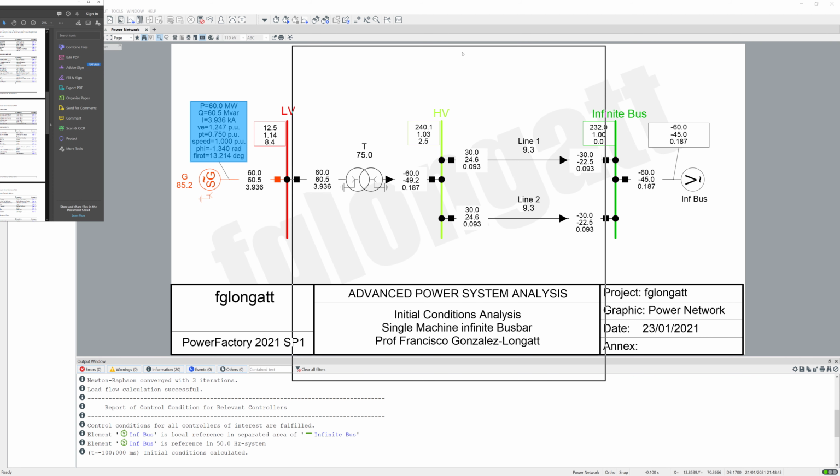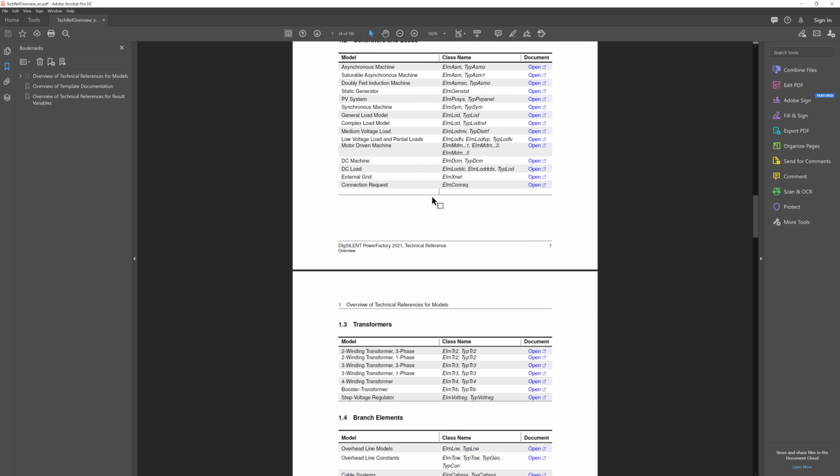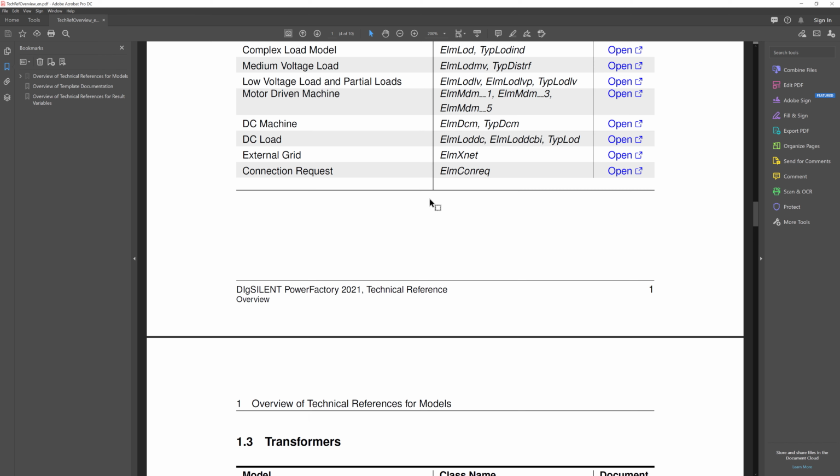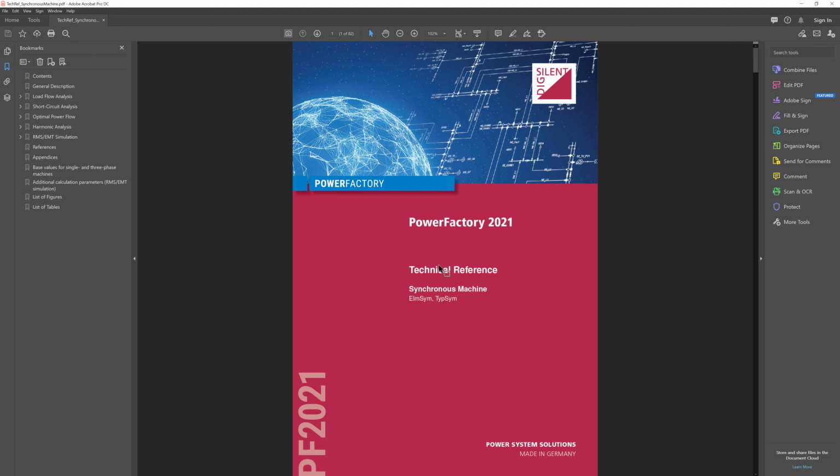A PDF file will open, okay? This is the PDF file, and you must be familiar with this document. This is the technical reference overview, and you will go to the Synchronous machine. Let me find it here, and you will open the technical reference, okay?